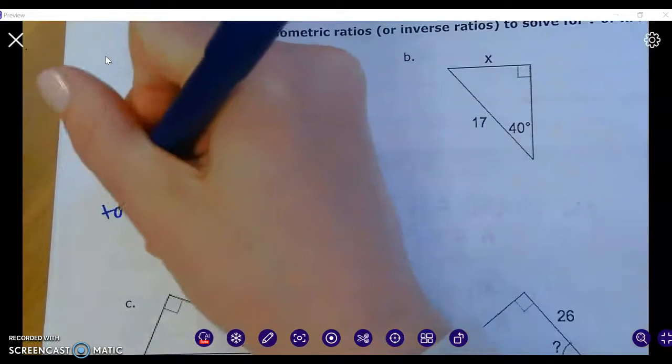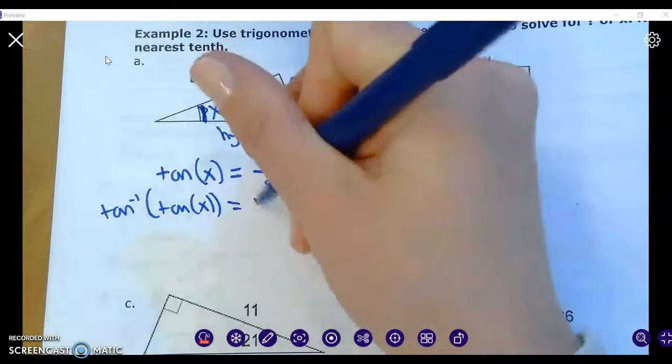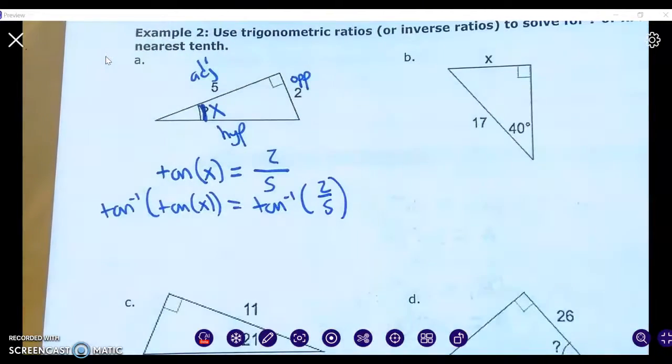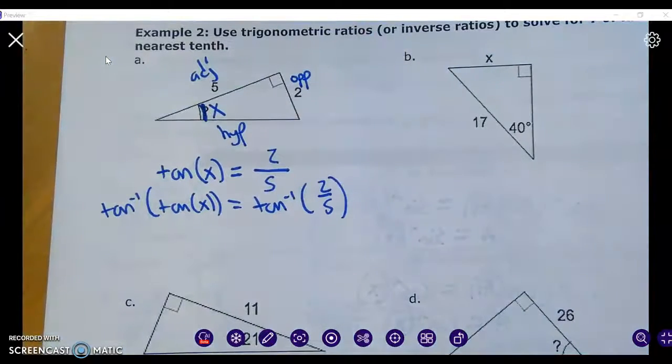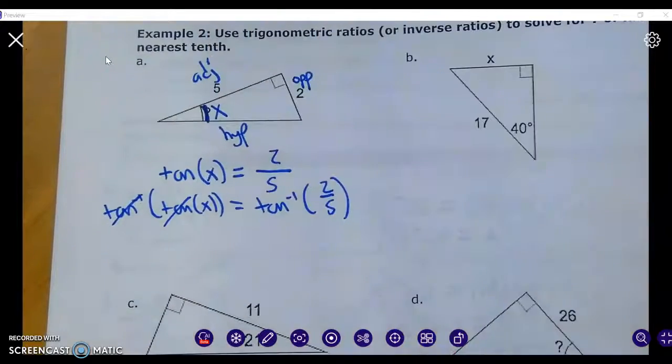So technically, we would take the inverse tan of both sides. So then your tangents cancel each other out.